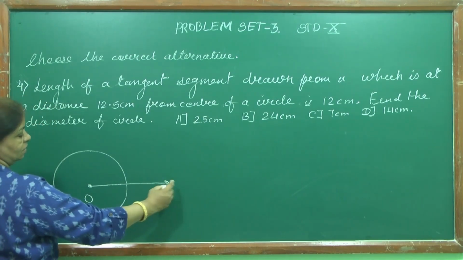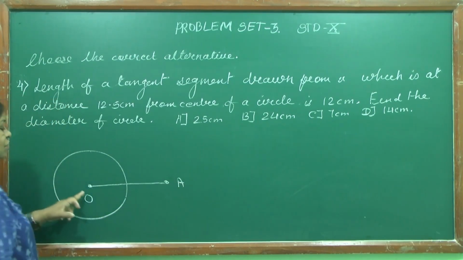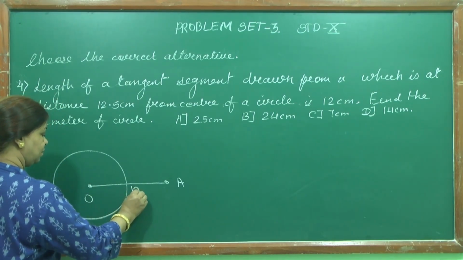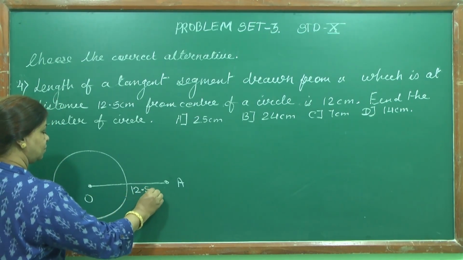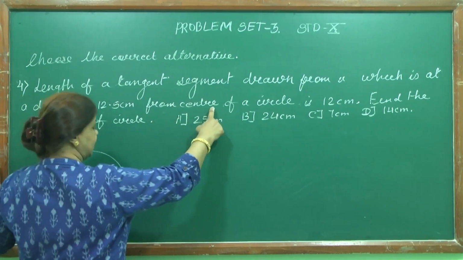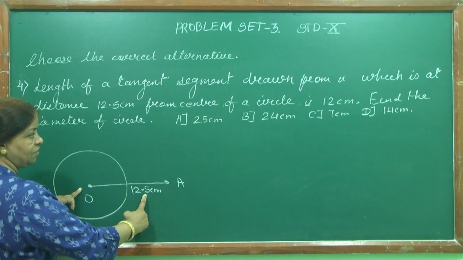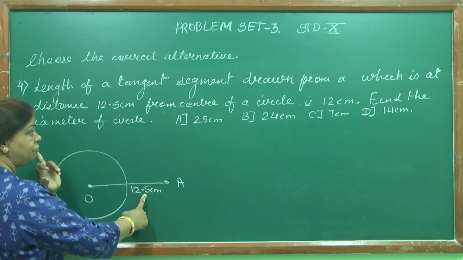For example, A is the point which is at a distance of 12.5 centimeters from the center of the circle.